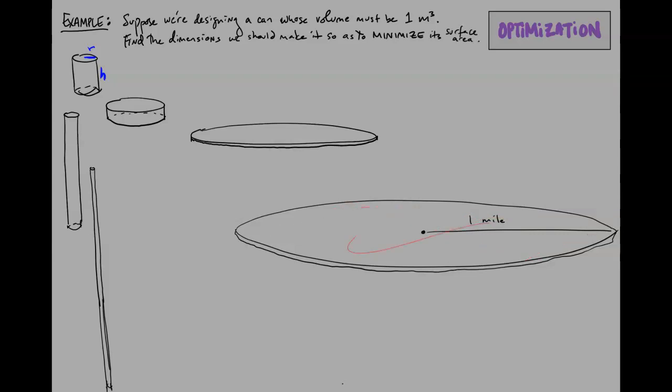And I would have pi square miles on the top and pi square miles on the bottom. And then I'd have this thin little ribbon going around the side. The surface area of this thing is going to be a little more than 2 pi square miles. And if I wanted it to be 2 pi square light years, I would just have to have the can whose radius is 1 light year. So there's no way to maximize the surface area.